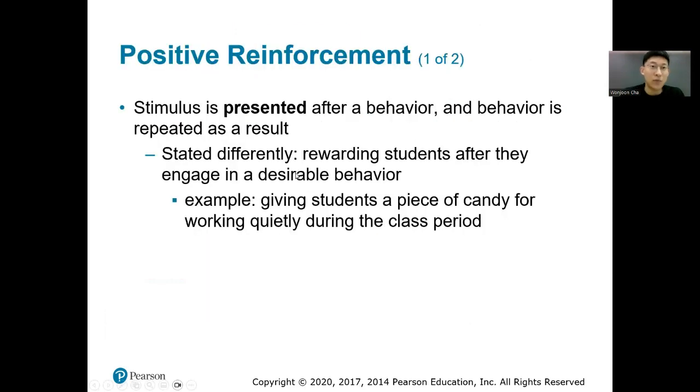First and foremost, we're going to look at positive reinforcement. Again, a stimulus is presented or added after a certain kind of behavior. And if you want to increase the behavior, that behavior would probably be desirable, right? This is the target behavior that you want your students to engage in.